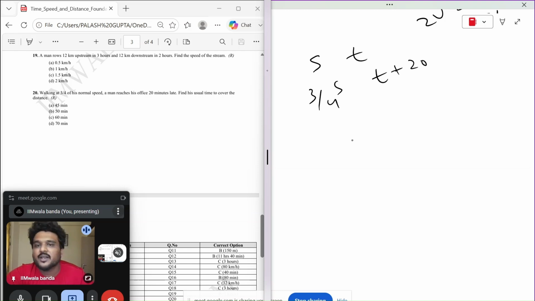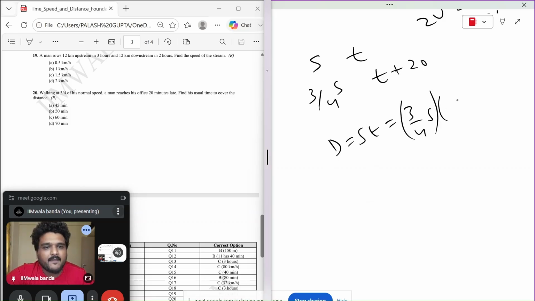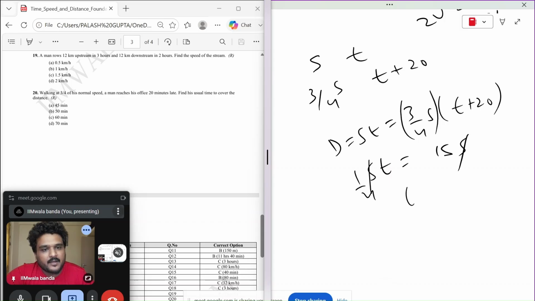Find his usual time to cover the distance. Distance is speed into time, so ST, and 3 by 4 S into T plus 20. If you look at it, it becomes 1 by 4 ST equals 20 times 3 by 4 S, and S and S get cancelled. Time comes out to be 60. Now, what is this 60? It is minutes. It could have been in hours, right?